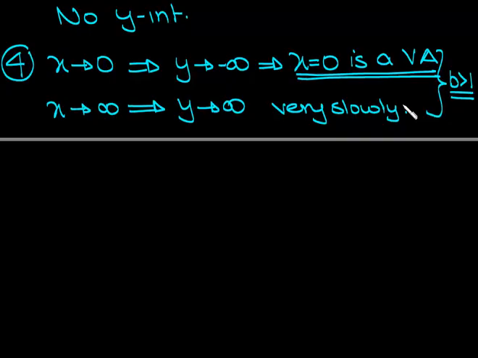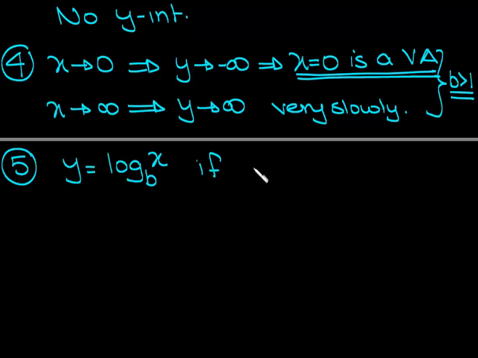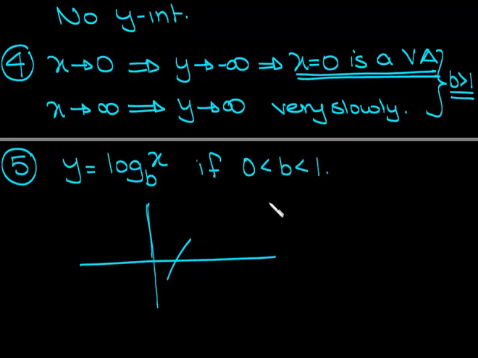So let me do that, might as well while we are here. Let's say we have y equals log of x base b. If b is between 0 and 1, then the log graph looks a little bit different than what we're used to. Normal log graph goes like this, correct?